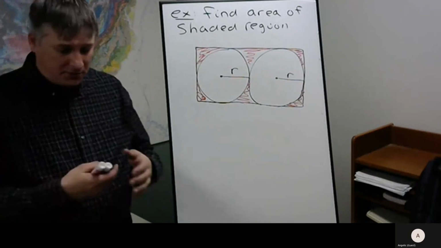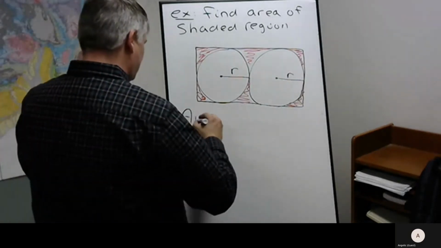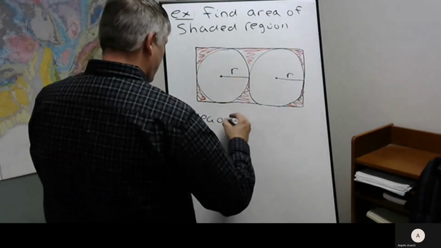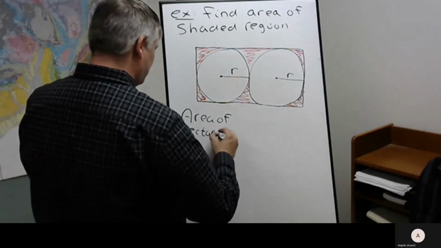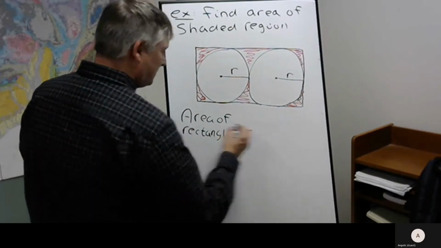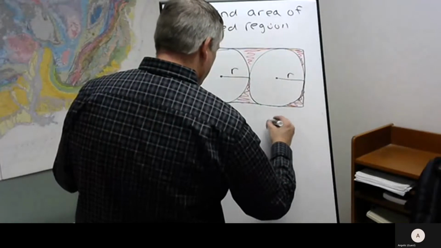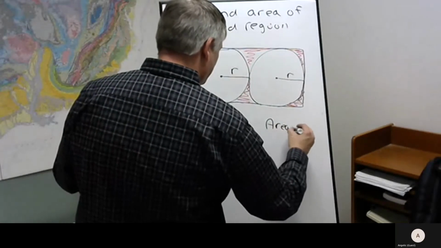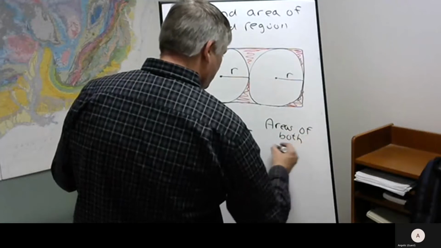Well, what we can do is this. We can take the area of the rectangle and subtract the areas of both circles.